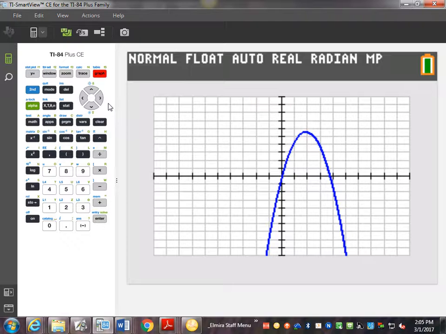It's pretty cool. All right, so what we're going to do is tell the calculator to find the vertex, but we can't have it search through the entire function because the entire function is infinite. We have to tell the calculator about where it's located.